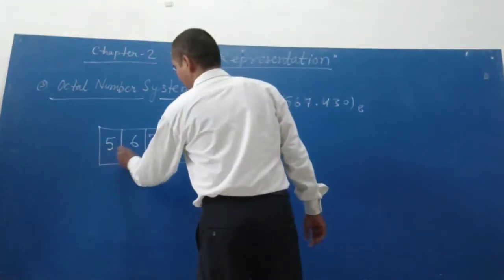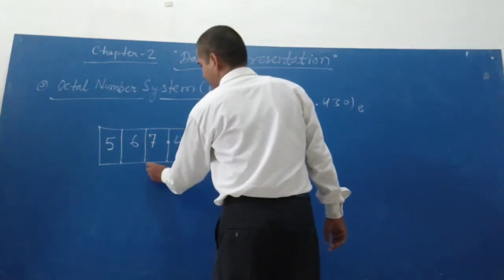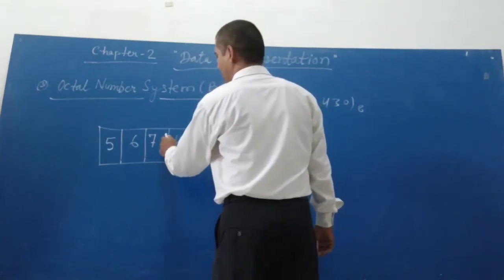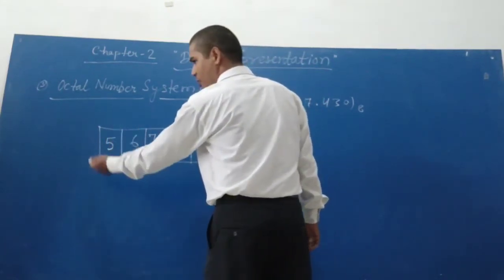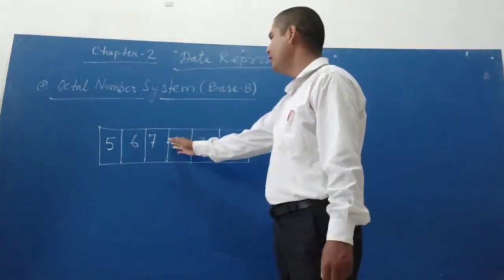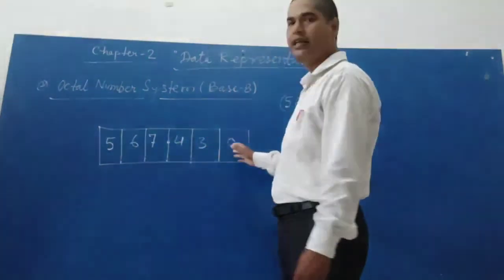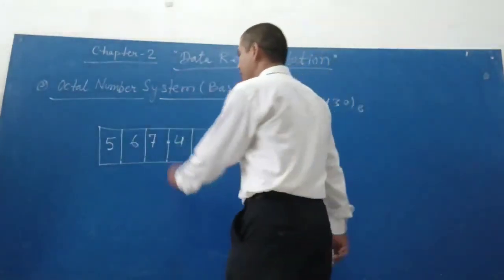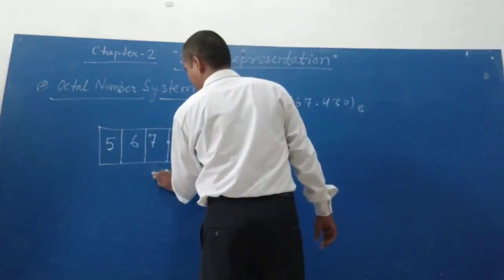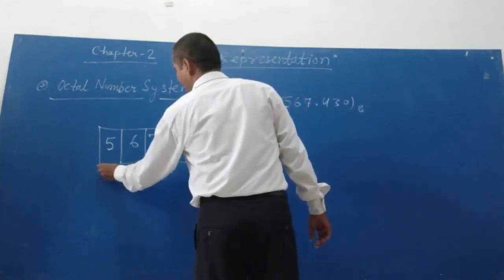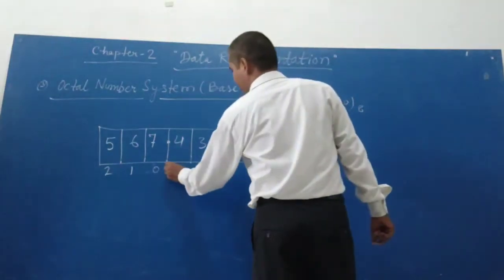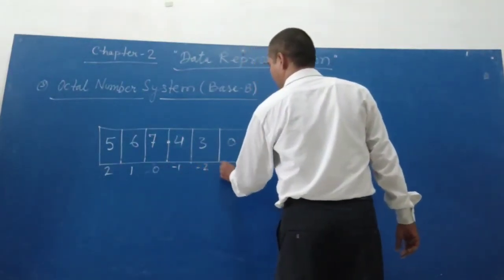This is the decimal point. The left side has positive positional values 0, 1 and 2, and the right side of the decimal has negative positional values -1, -2 and -3.